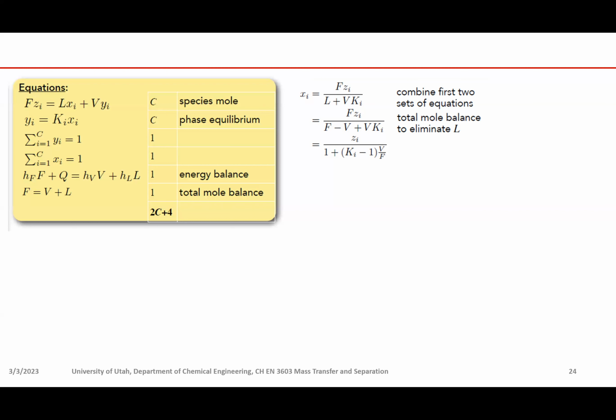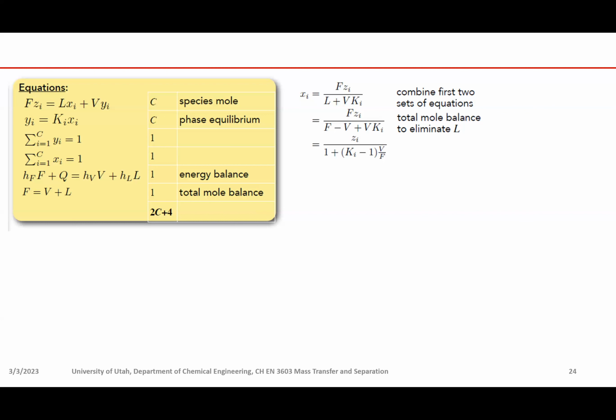If you replace this Yi by Ki Xi, right, then you just eliminate Yi. Then you rearrange this equation, right? Put X on the left, and put all the parameters on the right. You get this.